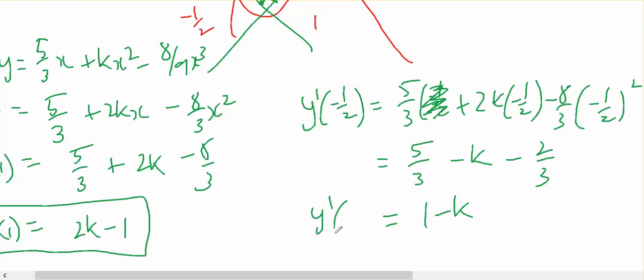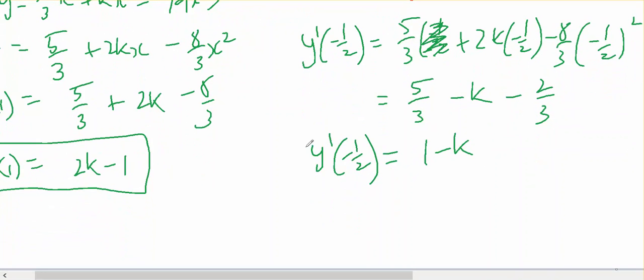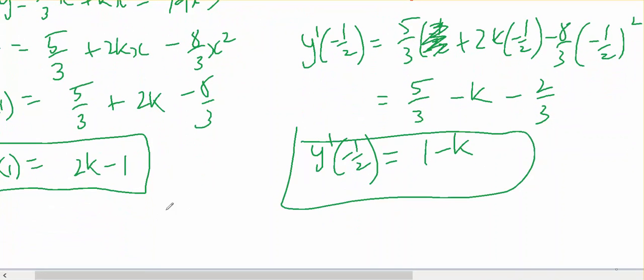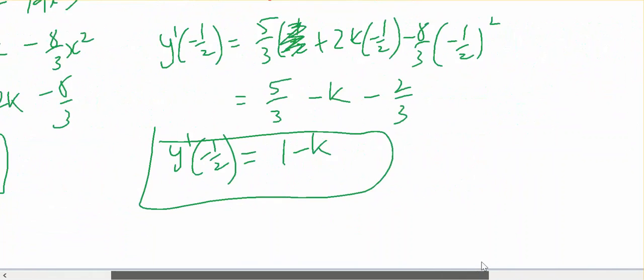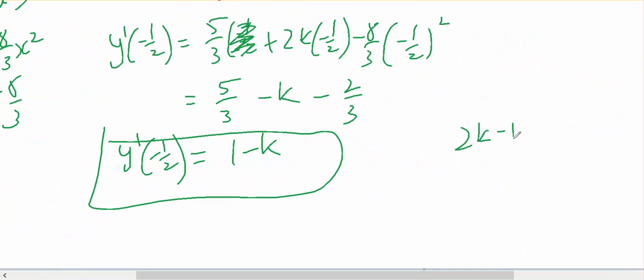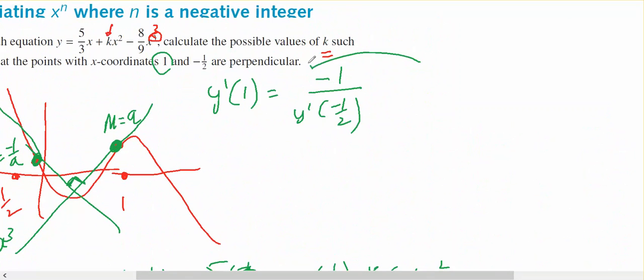That is going to be y dash of -1/2. So if these are perpendicular, then 2k minus 1 equals -1 on 1 minus k. That's using this idea.